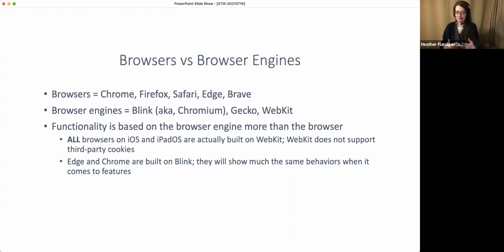And WebKit, which comes out of Apple, is the most restrictive of all the browser engines, which means all browsers on iOS and iPadOS currently don't support third-party cookies. Other browsers like Edge and Chromium are built on the same browser engine. So on your desktop, the underlying functionality is largely the same. So just something for you to be aware of.